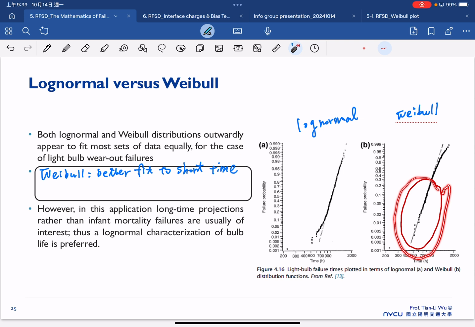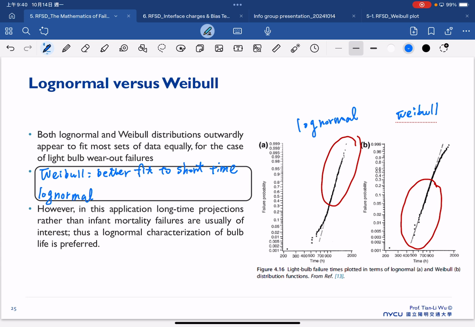On the other hand, in the case of log normal, clearly it is a better fit for the longer lifetime. So that's the main difference currently if we consider the experimental data.